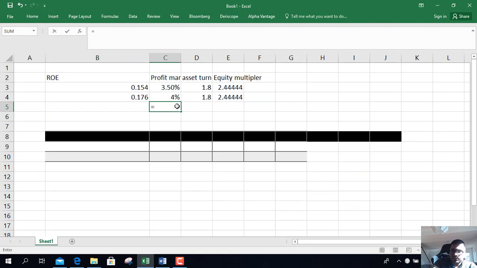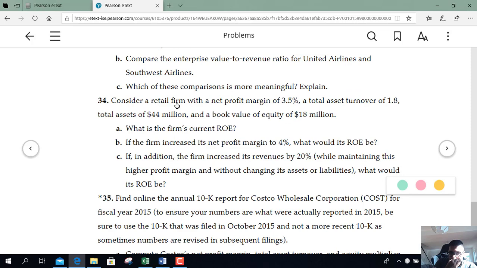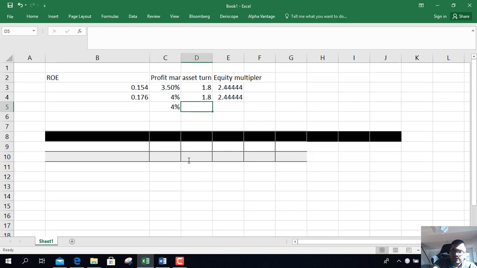In addition, so the profit margin is already 4%. Now this goes up by 20%, so times 1.2, and this is same. So what will happen to ROE? ROE will go up further to 21%.